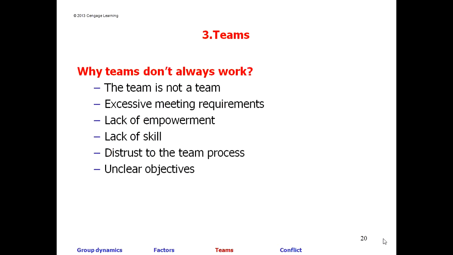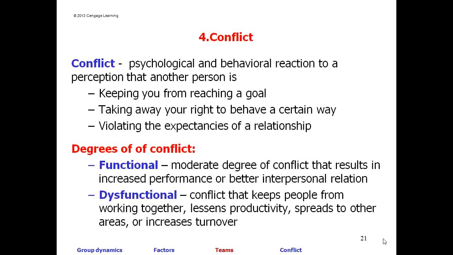why team doesn't work always or always works. That is, excessive team requirement, lack of empowerment, lack of skill, distrust of team process, unclear objectives, and conflicts.